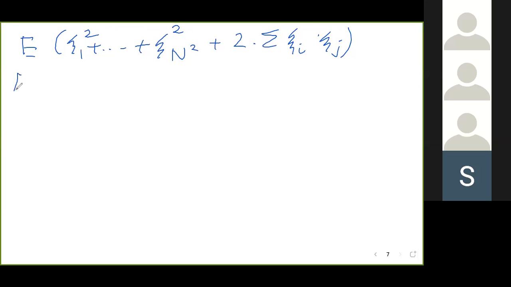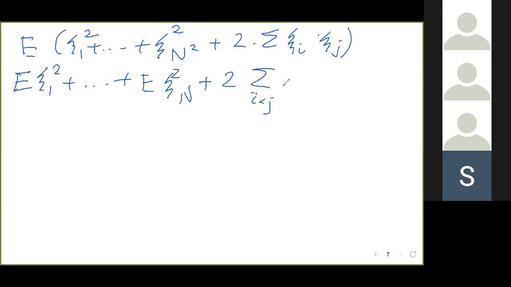So we obtain expectation of xi1 squared plus expectation of xn squared. And it's enough that they are pairwise independent to deduce that here we obtain plus 2 times the sum of expectation of xi, expectation of xj.